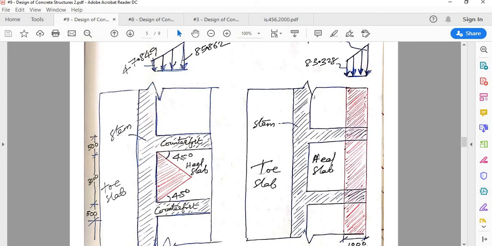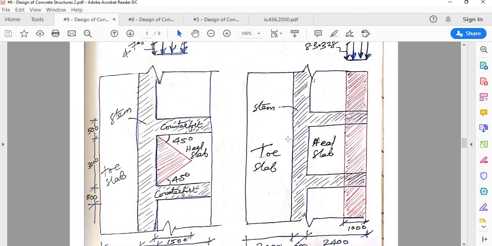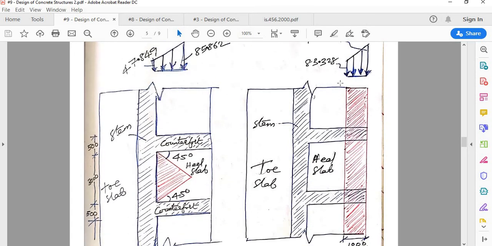There are a few portions in these regions which come neither in this triangular portion nor here, but whatever we get in the shaded portions, we will meaningfully extrapolate to these areas as well. First, let us design this portion of the heel slab.